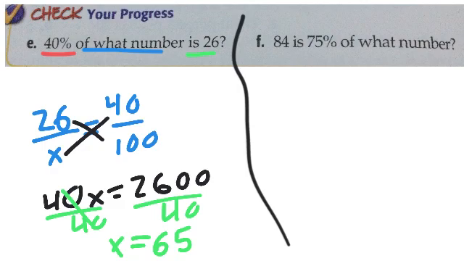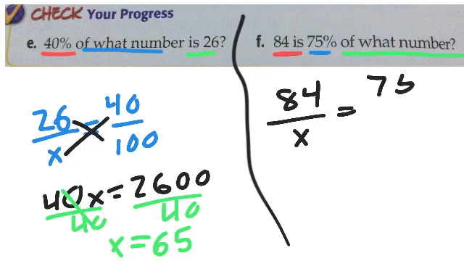Okay, now looking at example F, it says 84 is 75% of what number? 84 is the is, 75 is the percent, and then of what number? So is over of equals percent over 100.